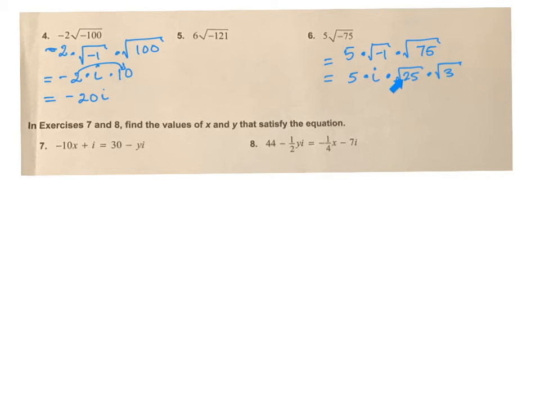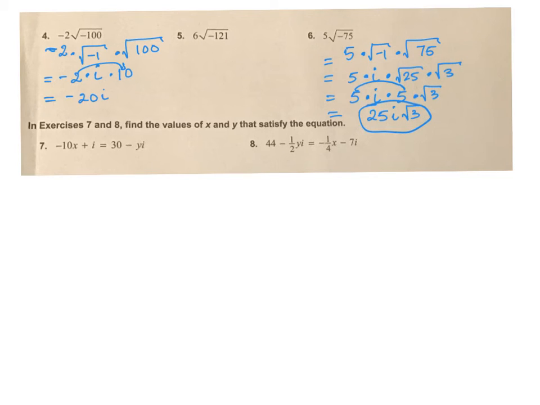So I could have square root of 25, which is just 5. So I can write 5 times i times 5, because the square root of 25 is 5, times the square root of 3. So now I multiply the real parts together. 5 times 5, that is 25i times root 3. And that is my final answer.